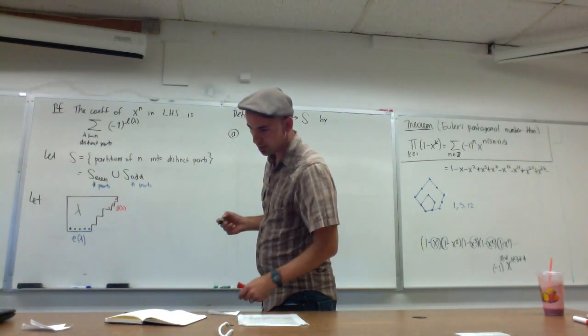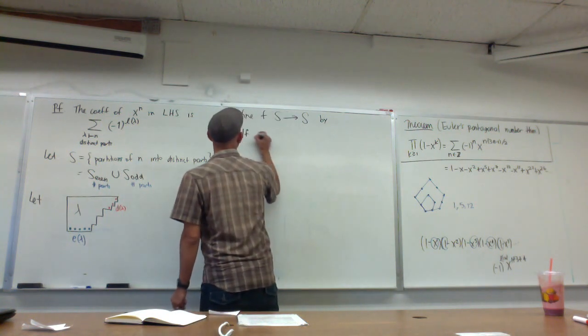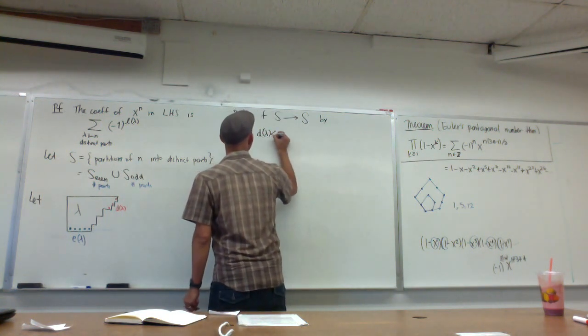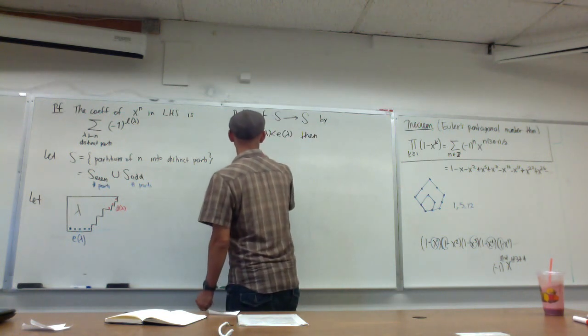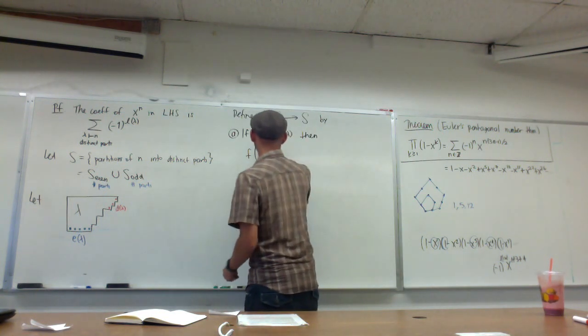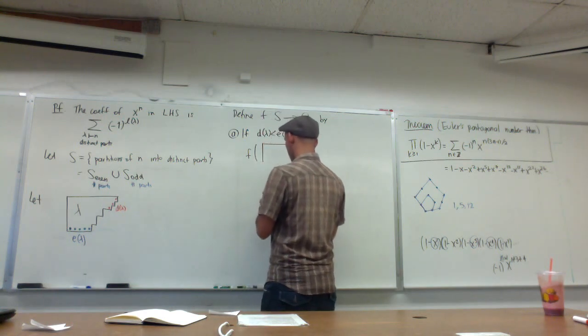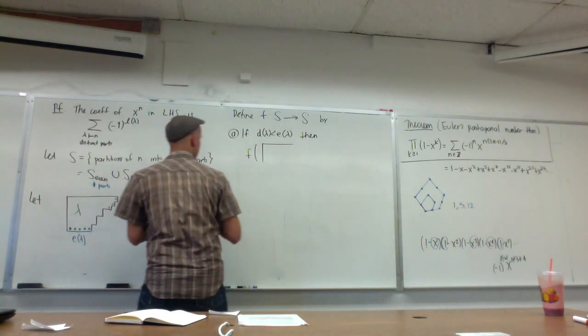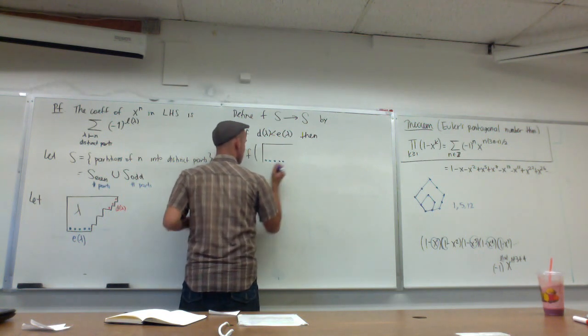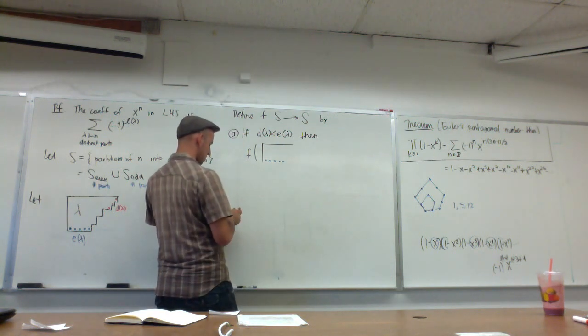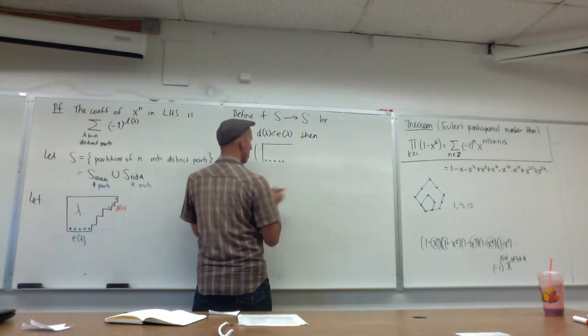So I'm going to say, if D of lambda is less than E of lambda, then I'm going to let F of this guy, so I have, I don't know, maybe 5 things here, and then I have 3 things here.